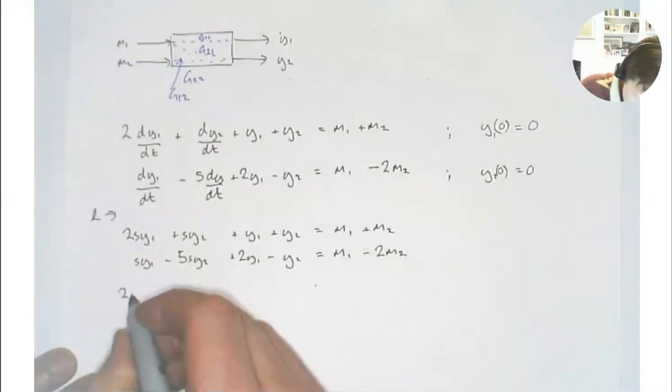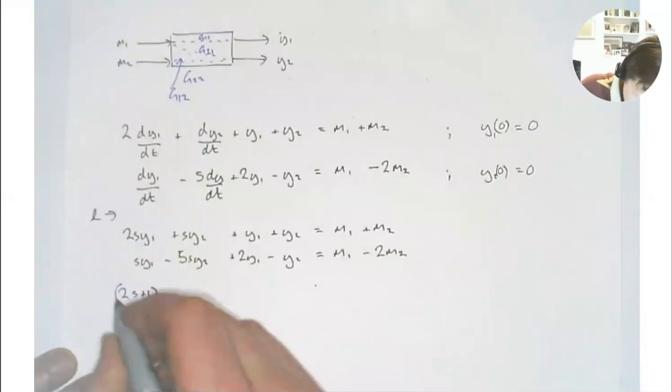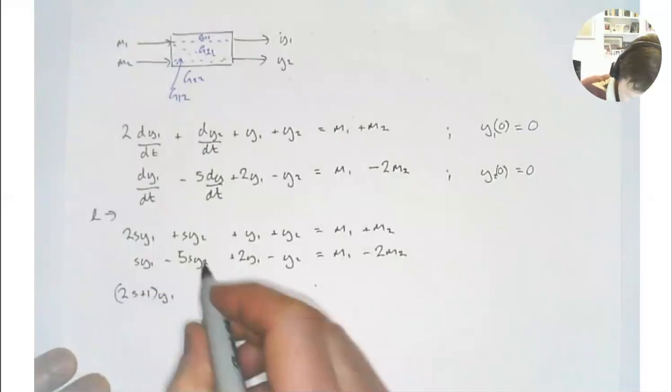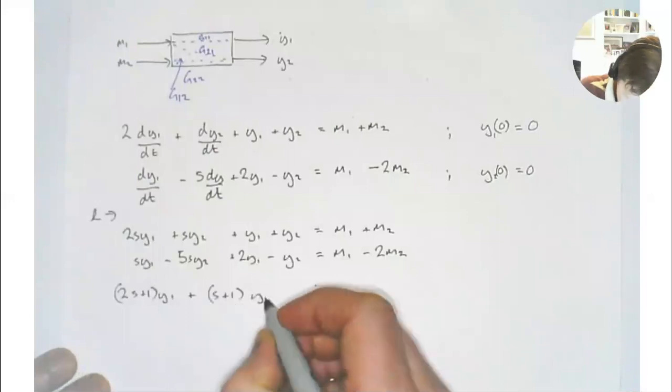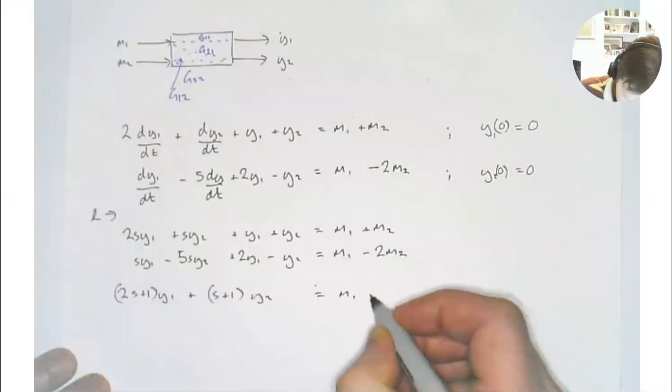So we've got 2s plus 1 times y1 plus s plus 1 y2, that's equal to m1 plus m2.